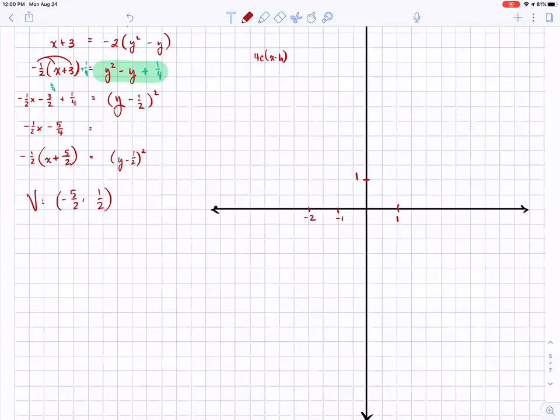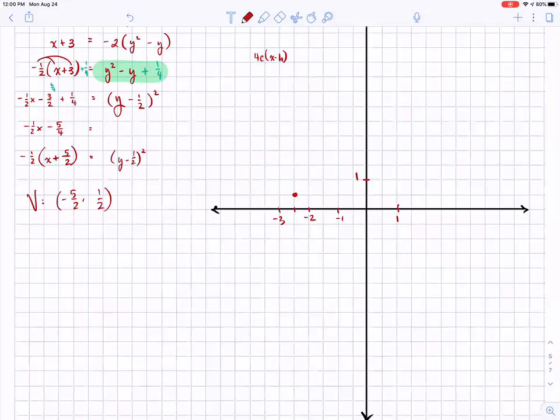Here's -1, here's -2. So here's -5 halves, in between -2 and -3. And then how far up do I have to go? 1 block. Okay, so there's my vertex.